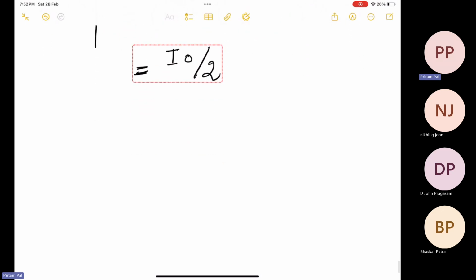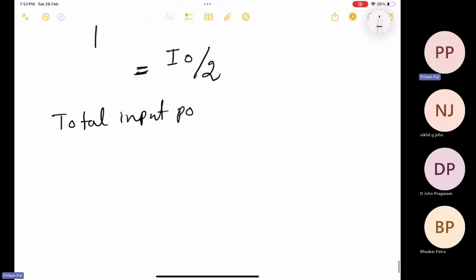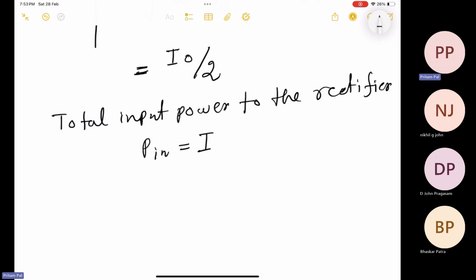So the total input power to the rectifier circuit, P input, is I RMS square times RF plus RL.